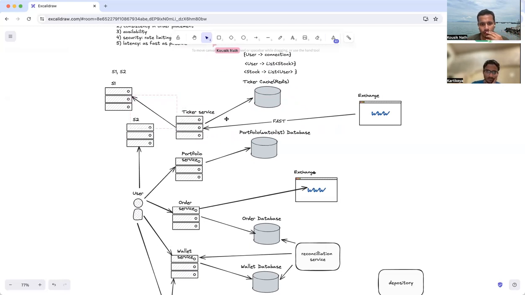So your ticker server is responsible for getting the exchange data, storing the data in the ticker cache, reading the connection information, and then broadcasting that particular data to that particular server, because the user is ultimately connected there.